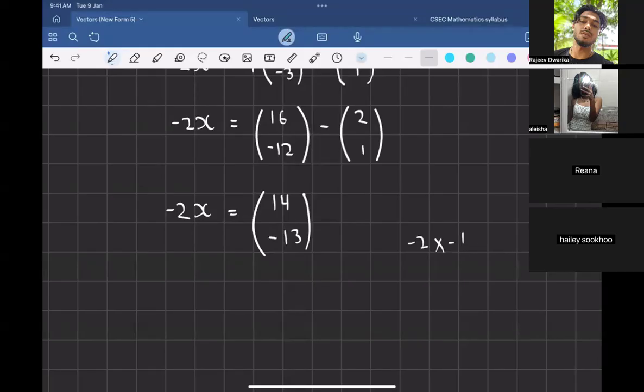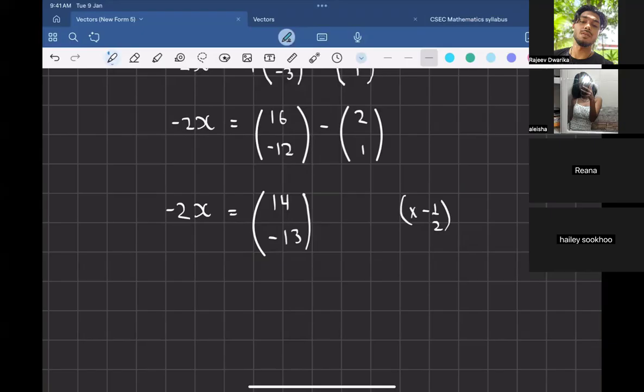Yes, that is the thing, because the 2 and the 2 will cancel off. And with minus by a minus, positive. Right. Cool. So we're going to multiply by minus a half on both sides.